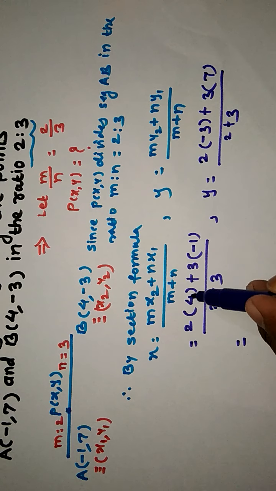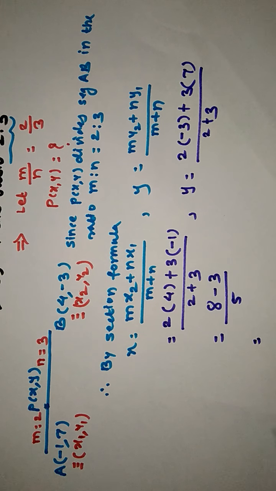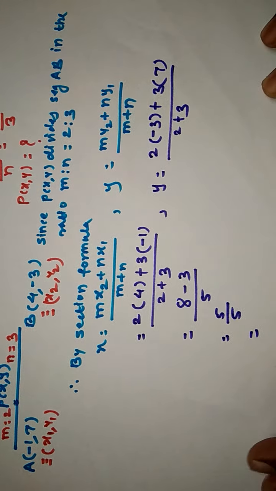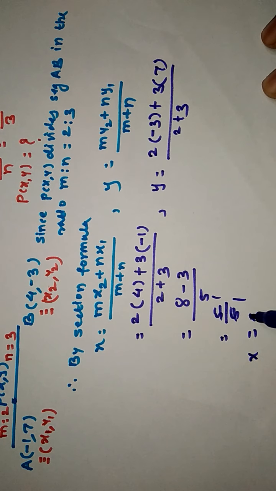Now solve this. 2 fours are 8, plus 3 times minus 1 is minus 3, divided by 5. Means 8 minus 3 is 5, 5 upon 5. We solve this: 5 ones are 5, 5 ones are 5, means x is equal to 1.